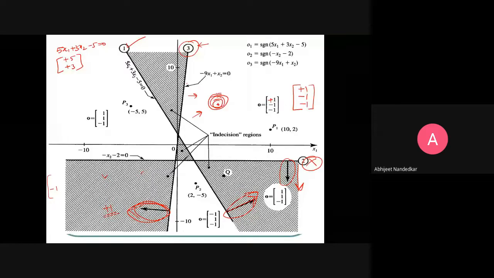So whenever I stand anywhere in this zone, the network will produce this vector as output, which is equal to the desired response for class 1. So this zone becomes class 1.